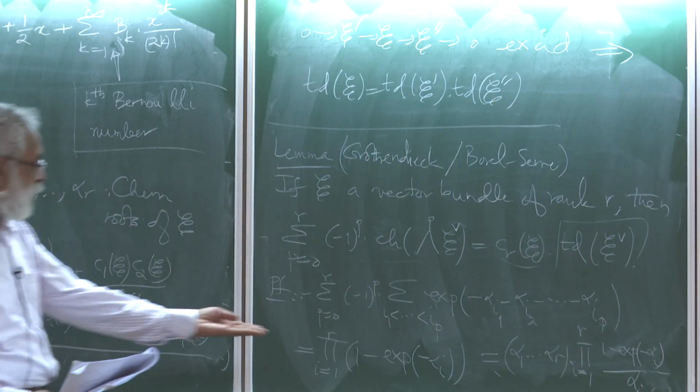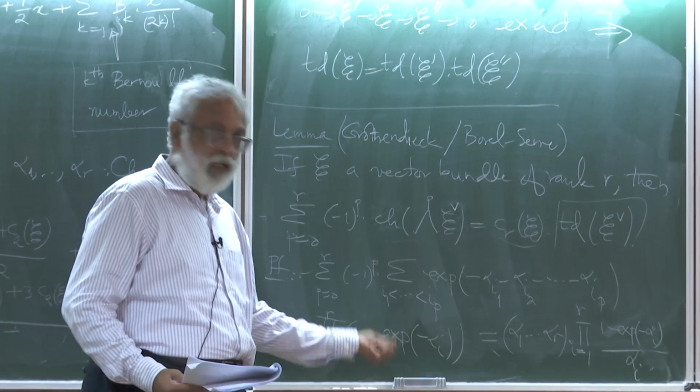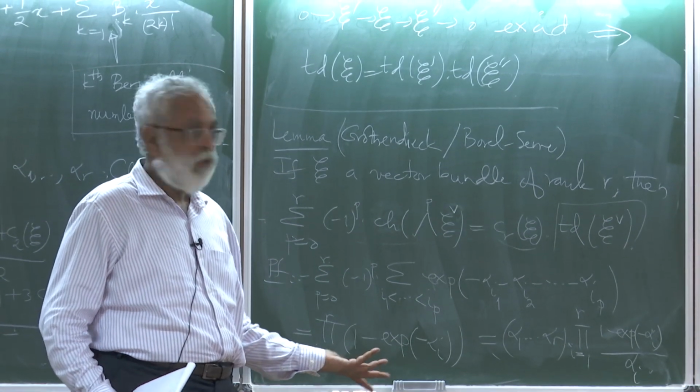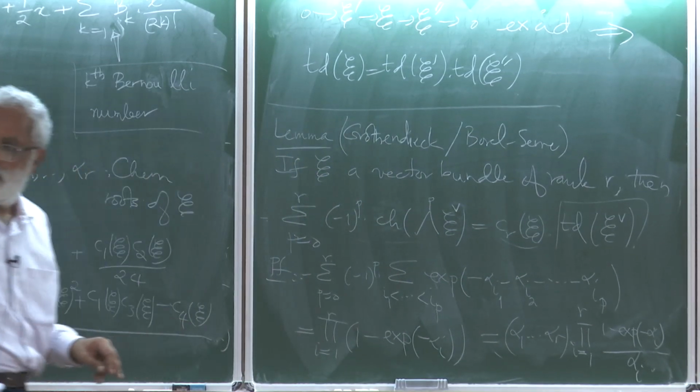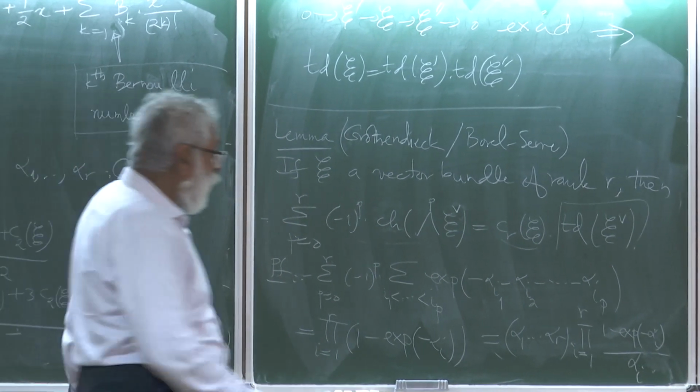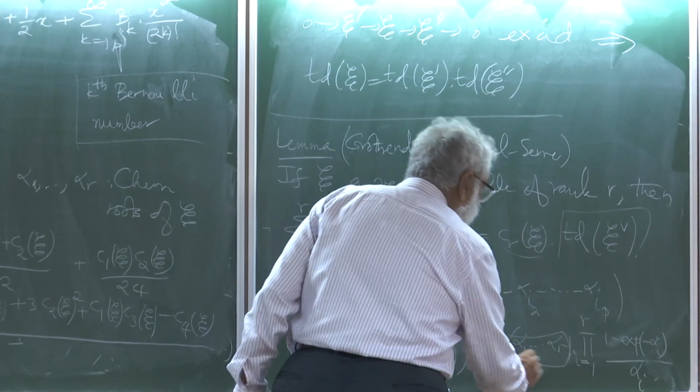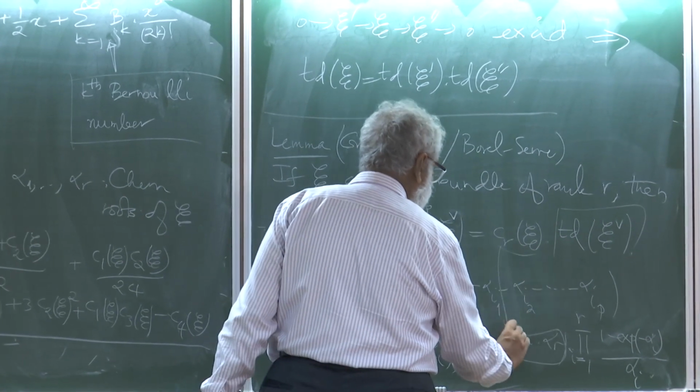I just took this same expression, and I divided and multiplied each factor by alpha i. So here I put an alpha in the denominator, and there I collect all those alpha i's. But of course, the product of the alpha i's is c_r of E.